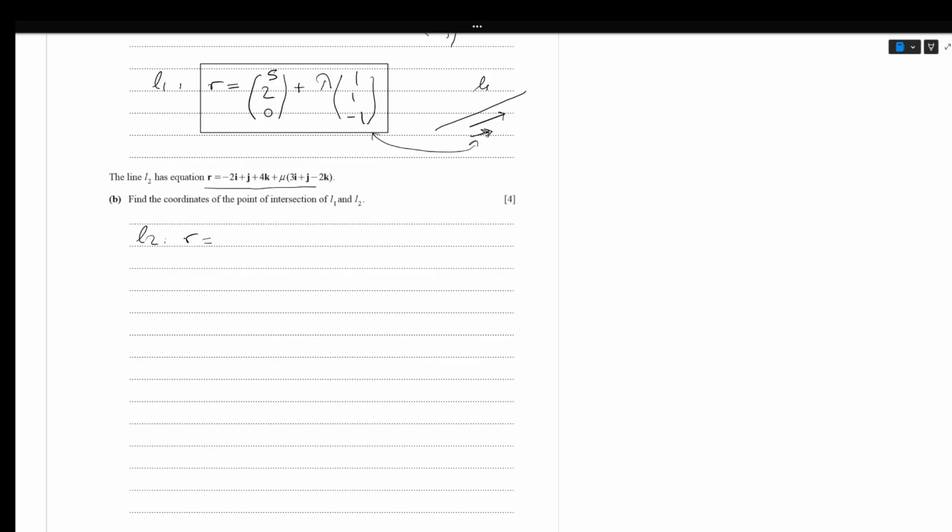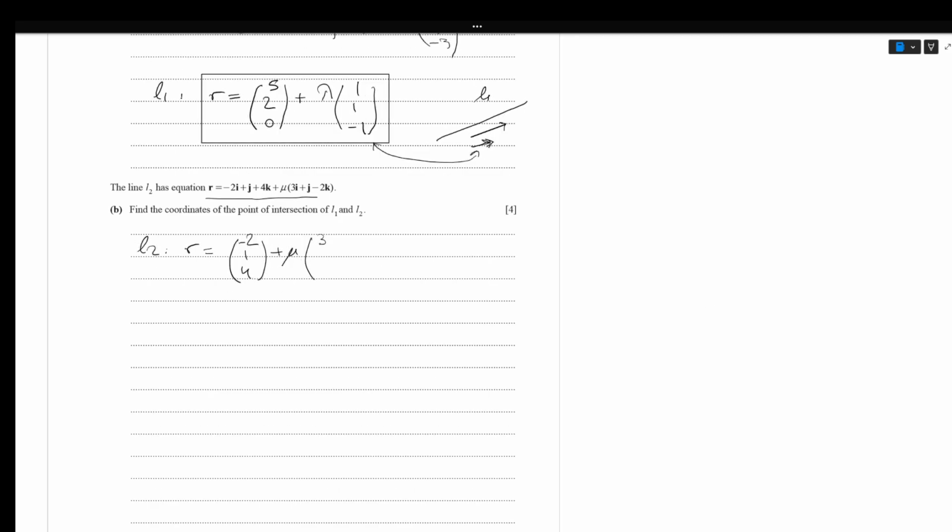L2 is such that r is equals to (-2, 1, 4) plus mu (3, 1, -2). और हमें L1 और L2 के इंटरसेक्शन पॉइंट्स ढूंढने हैं जिसके लिए हमारे पास तीन इक्वेशन हैं. 5 प्लस लैम्डा इज इक्वल्स टू माइनस 2 प्लस 3 म्यू, या फिर 2 प्लस लैम्डा इज इक्वल्स टू 1 प्लस म्यू, या फिर माइनस लैम्डा इज इक्वल्स टू 4 माइनस 2 म्यू.